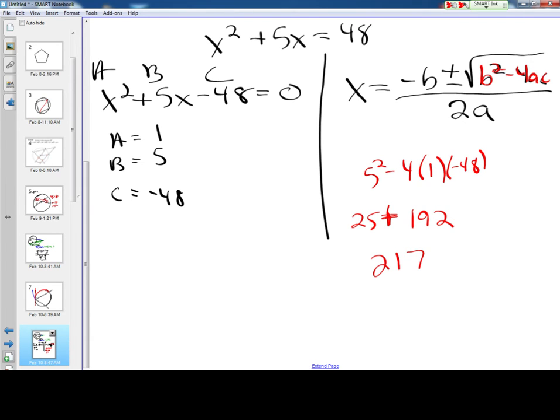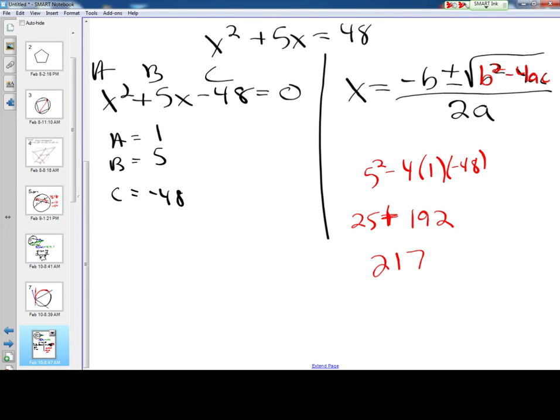Now, does 217 have a square root? Is that a perfect square? It's not a perfect square. It doesn't have a square root, therefore this is not factorable. Everyone understand that?